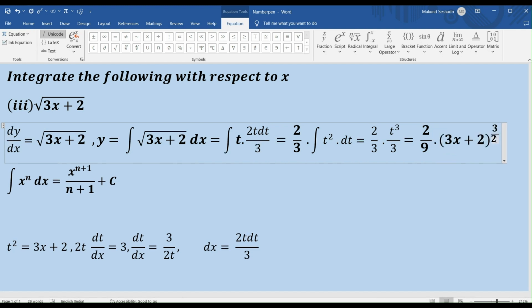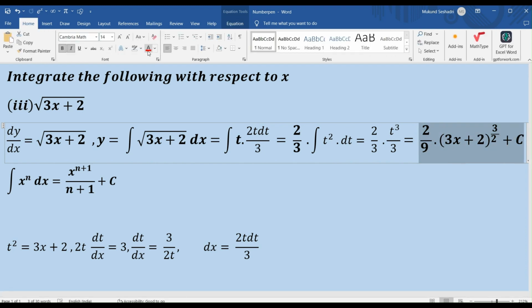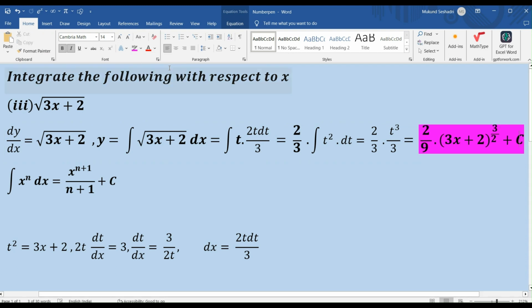And remember, folks, we have our constant, which means we have a plus c, right? So that's our final answer to this problem. Let me highlight it in pink. 2 by 9 times 3x plus 2, the whole power 3 by 2, plus c, right?